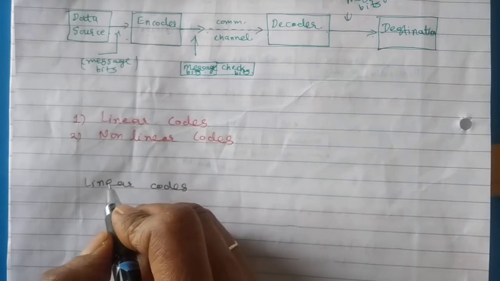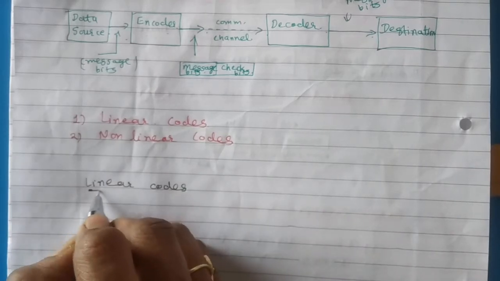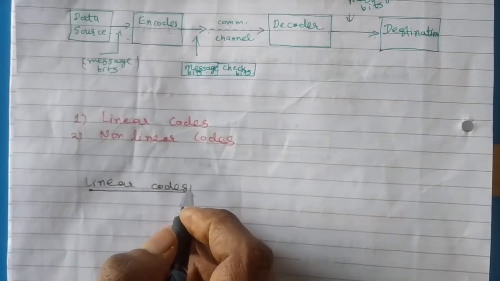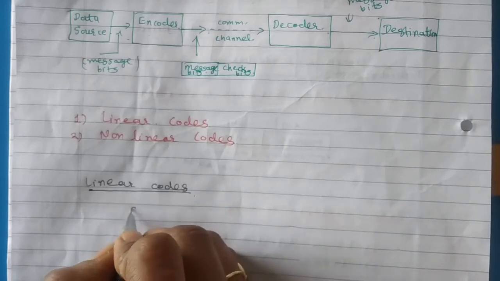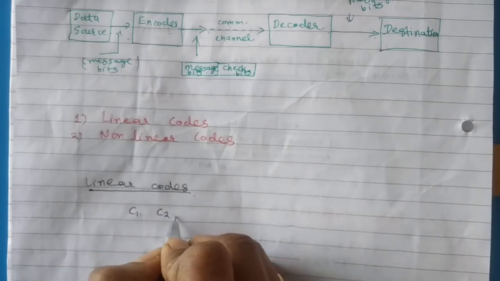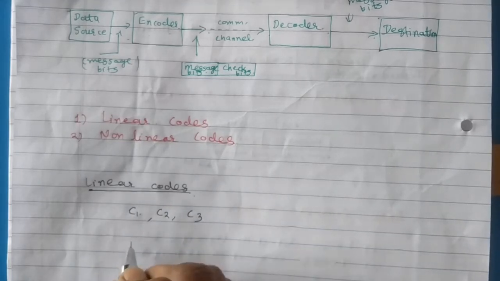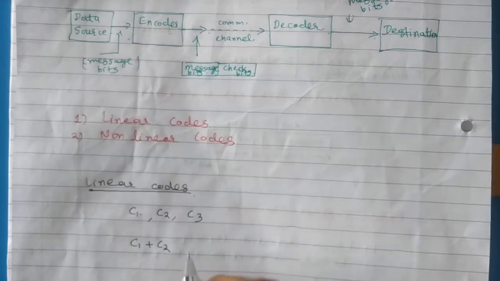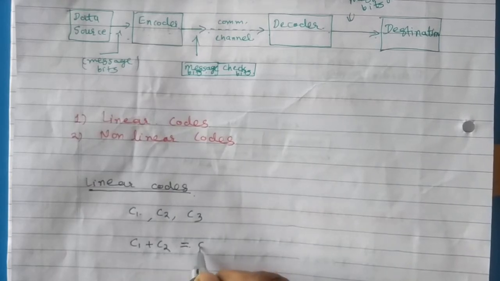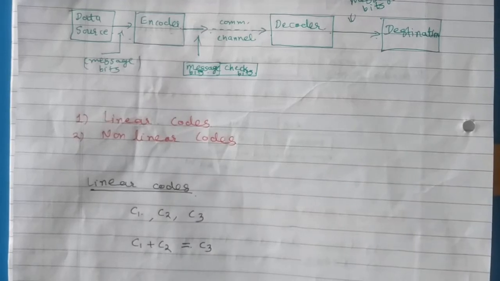These linear codes have one very important property: if any two code words are added, suppose C1, C2, C3 are the code words. If any two code words C1 plus C2 are added, we should get the third code word, that is C3.